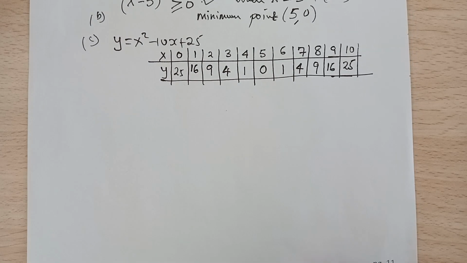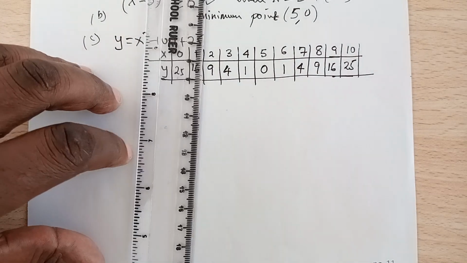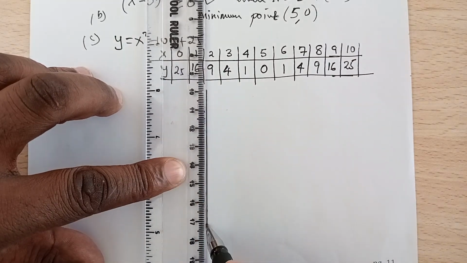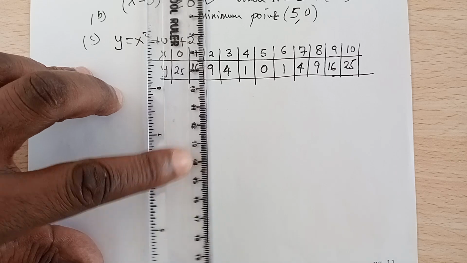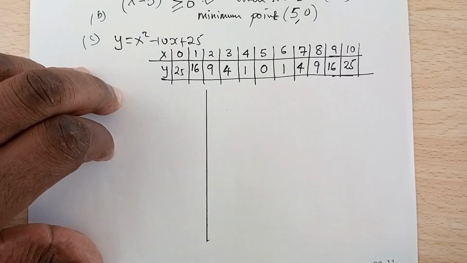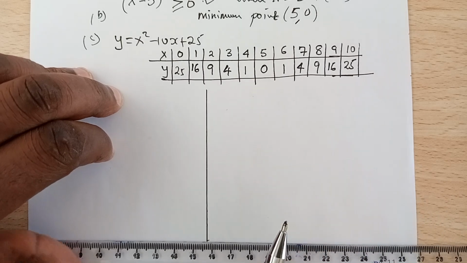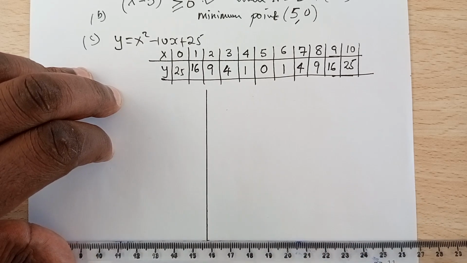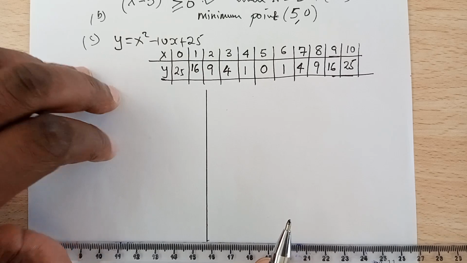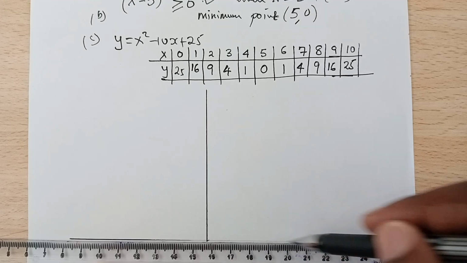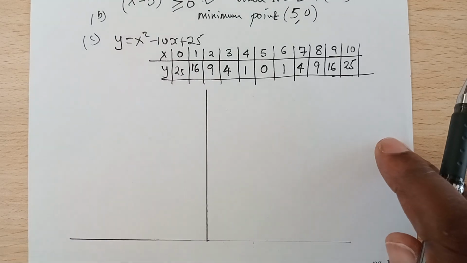Let's have the y-axis there, and let us have the x-axis here. We do not need the negative values of y because our graph is going to occupy this space.